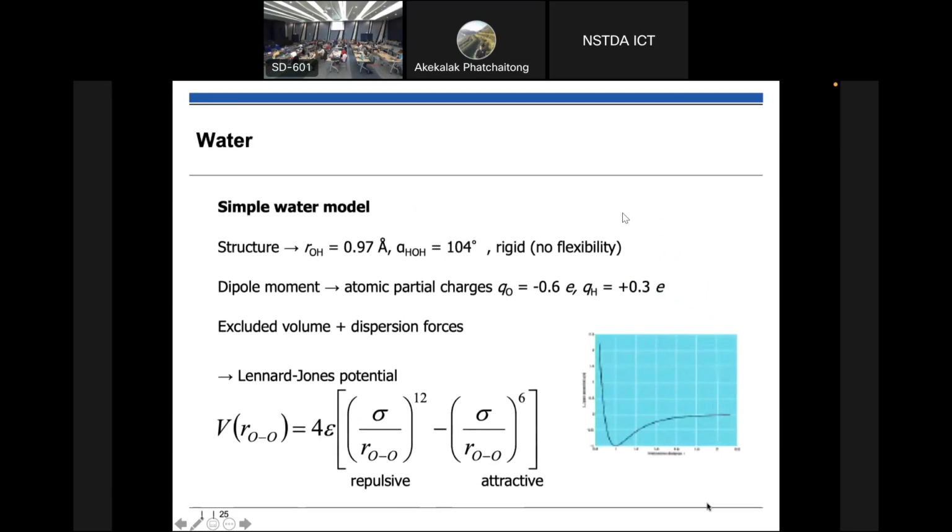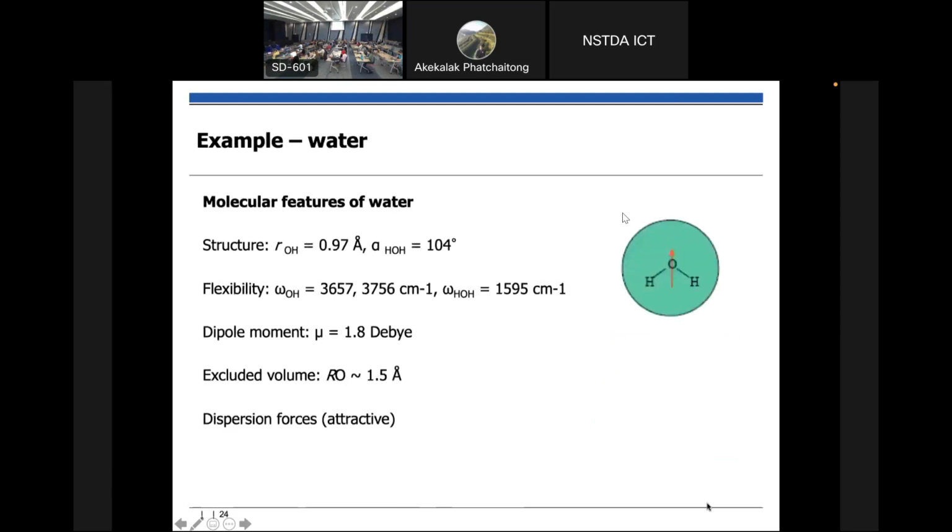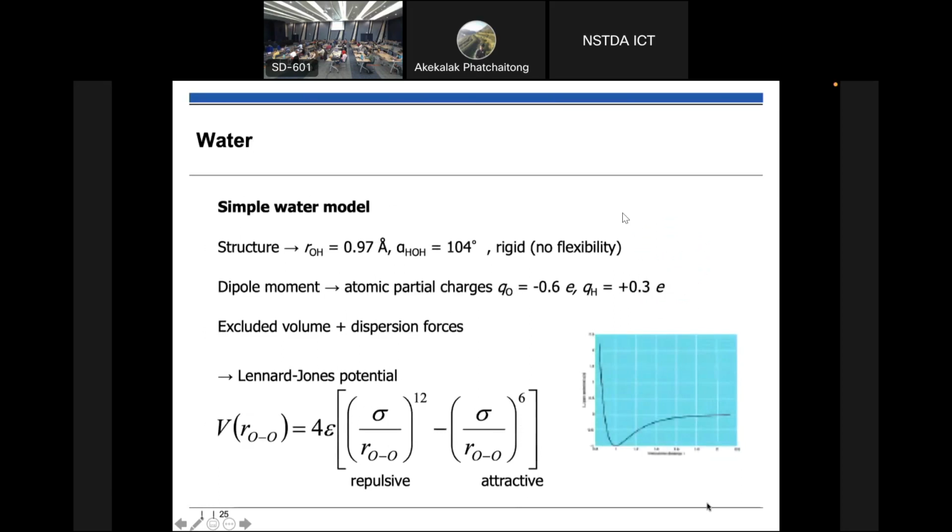So then basically what you do generally is that you take the structure. You take the bond distance of 0.97, angle like 104, and you convert your OH and HOH into a K value using the equation, and once you know the K value, you have all those parameters. From the dipole moment, you can get the partial charges because the dipole moment can be correlated with the partial charges.